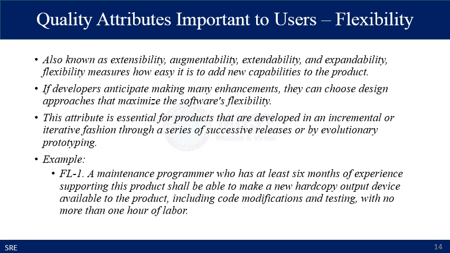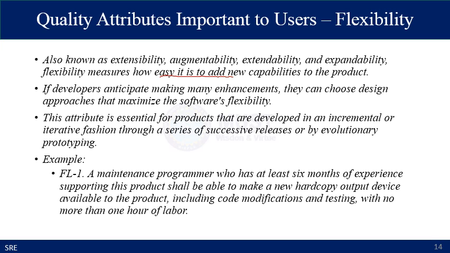The next quality attribute to the user is flexibility, also known as extensibility, augmentability, extendability, and expandability. Flexibility measures how easy it is to add new capabilities to the product.